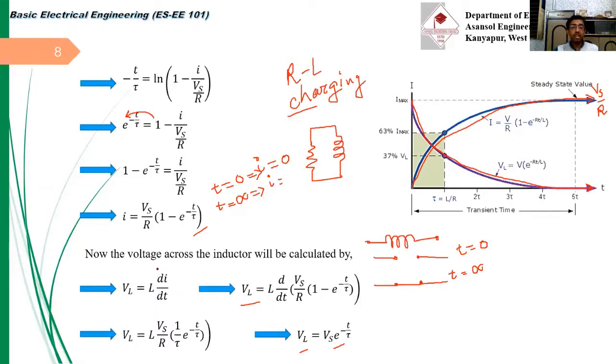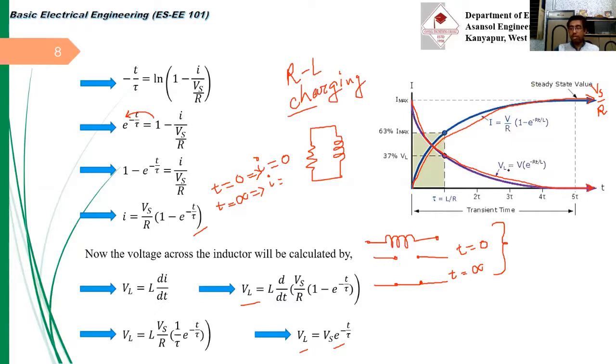And this case happens for the short circuit condition, that is why this analysis is derived. When t equals 0, the inductor acts as an open circuit, and when t equals infinity, it acts as a short circuit path. That's why the voltage is 0 and the total circuit becomes a fully resistive circuit. Fine.